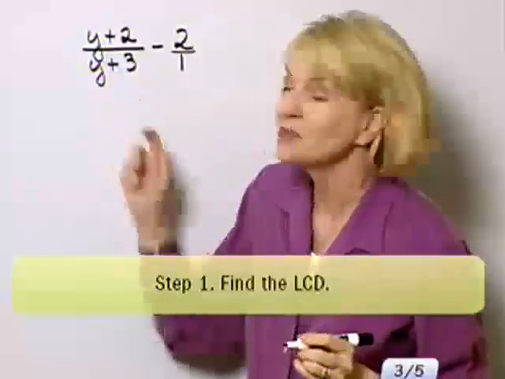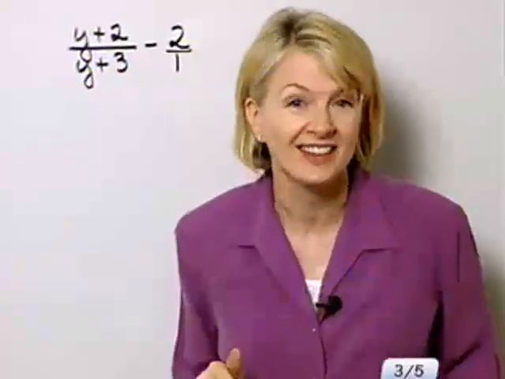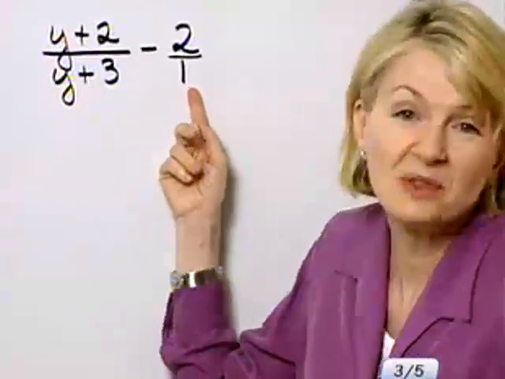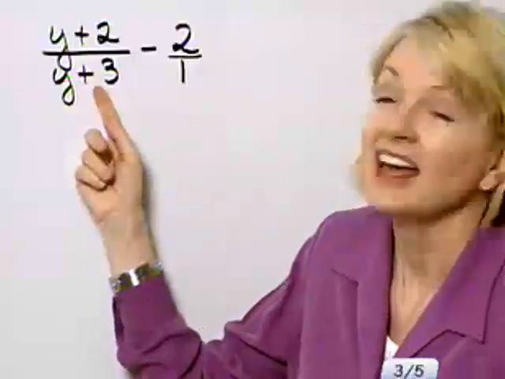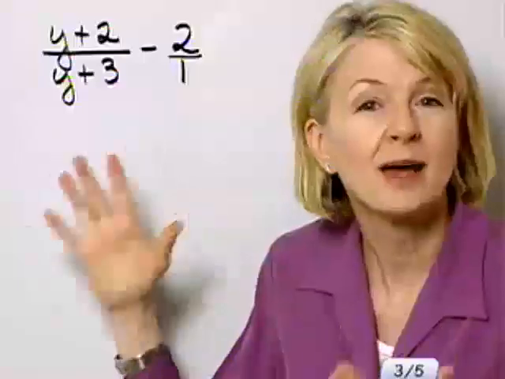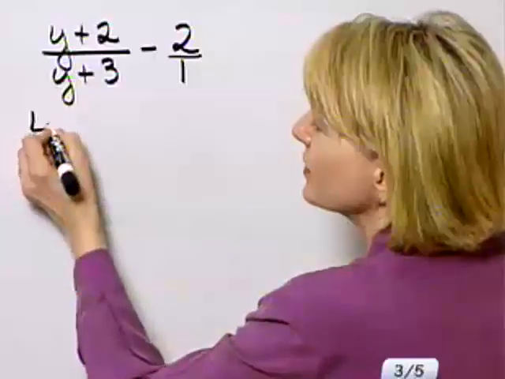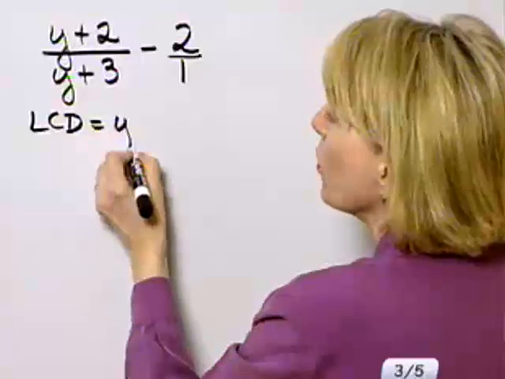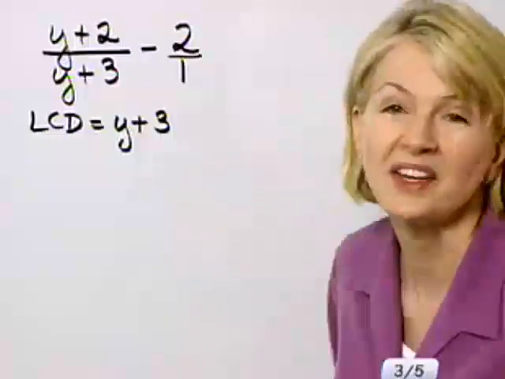So look at your two denominators and decide on a least common denominator. Well, this is simply 1. We can use this if we want, and this is a factor of y plus 3, so this occurs once, and 1 times y plus 3 gives us a least common denominator of y plus 3.